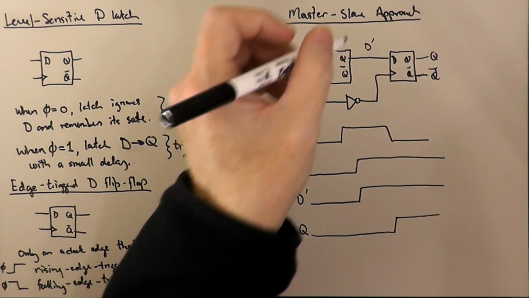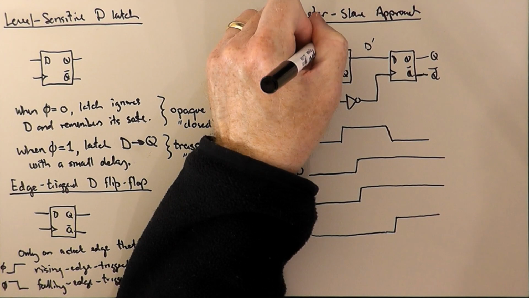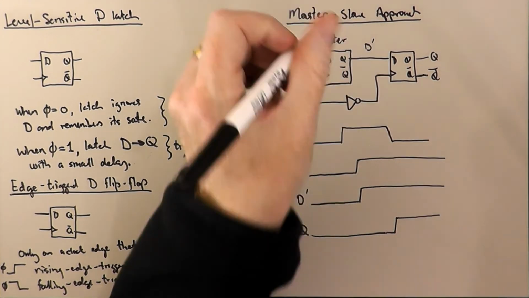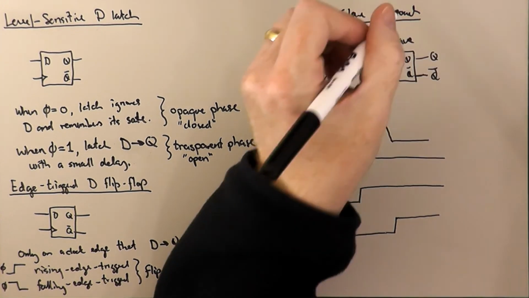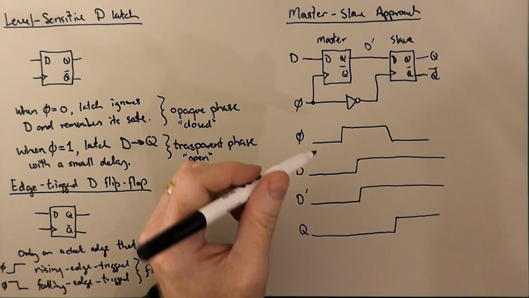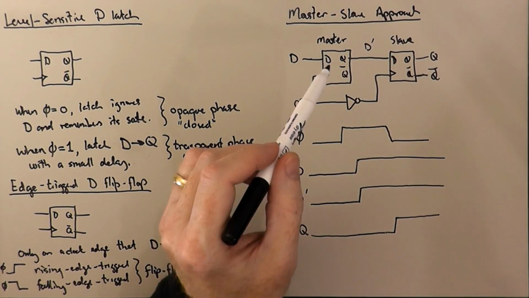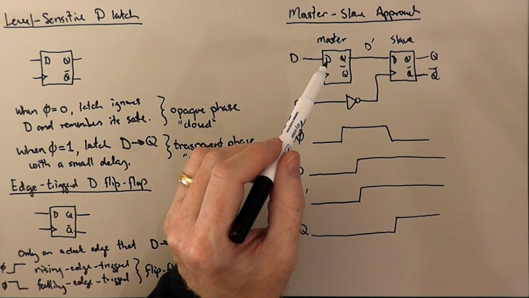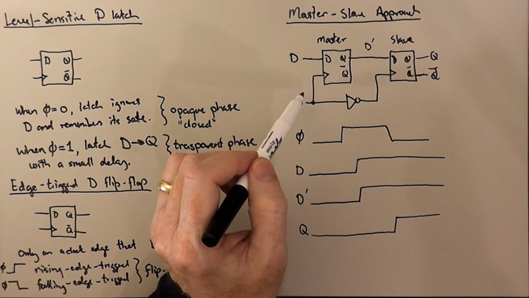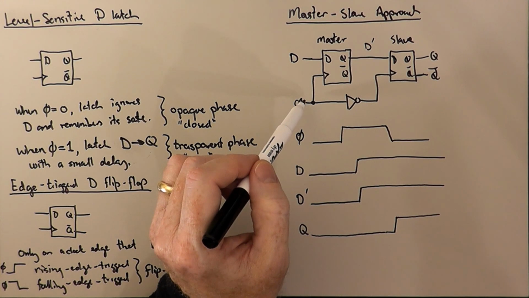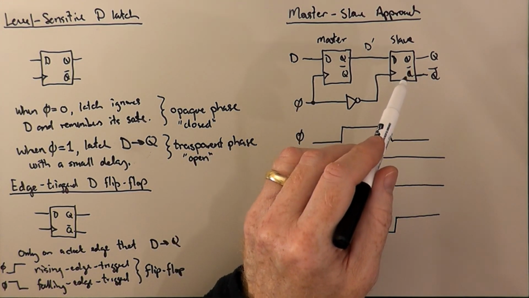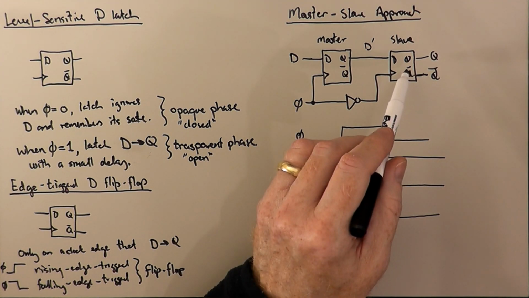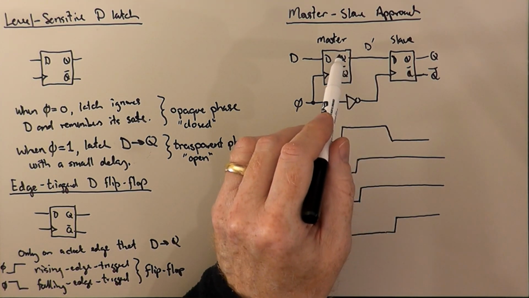The basic idea here is that we have a master latch and a slave latch, and the master latch is going to sample the input when phi is high, and the slave latch is going to basically ignore what's going on while the master is sampling.